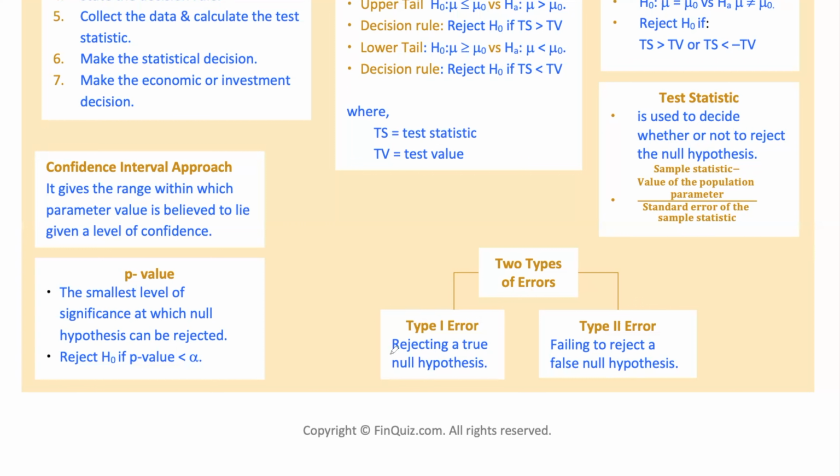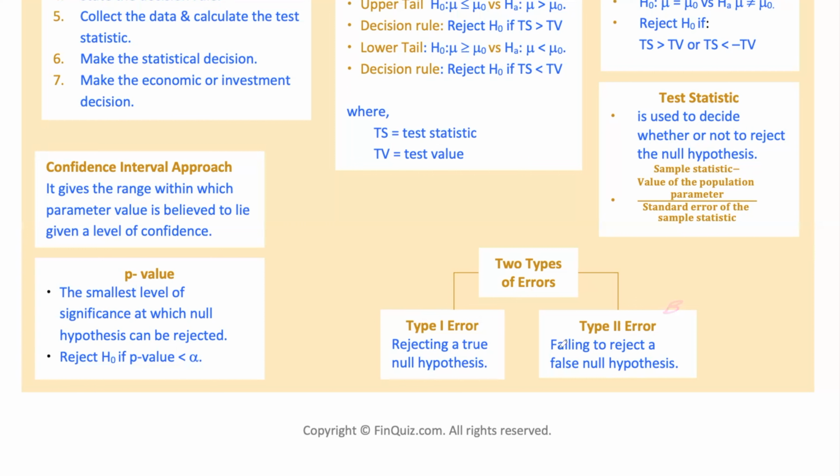The probability of making a type 1 error is denoted by alpha. In type 2 error, also called false negative, we fail to reject the null hypothesis when it is actually false. This is like missing the alarm. There's a fire, but we don't realize it. The probability of making a type 2 error is denoted by beta.